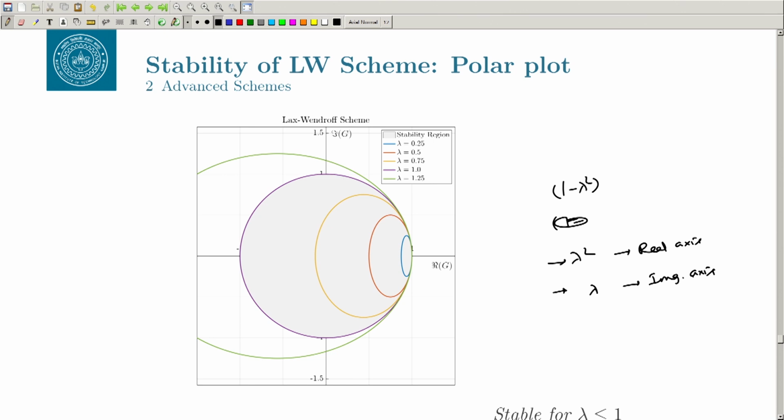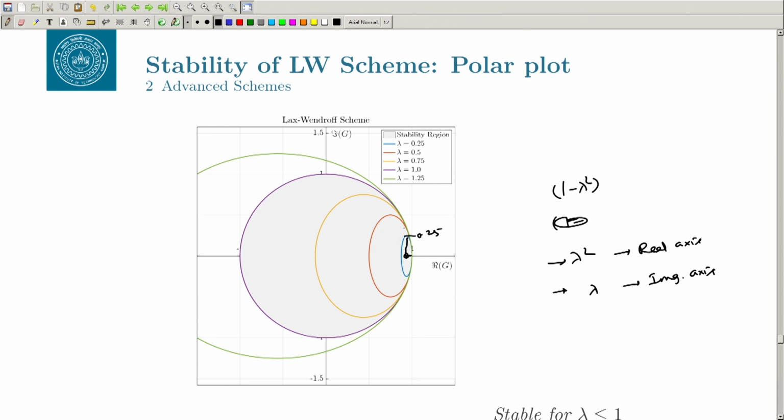So, you can see that if your lambda is equal to 0.25, okay, your center is just close to 1, okay. This is my 1 minus lambda square, okay, and my real axis is lambda square. So, this will be smaller than 1 and this is just your lambda. So, this is the value of 0.25, right.